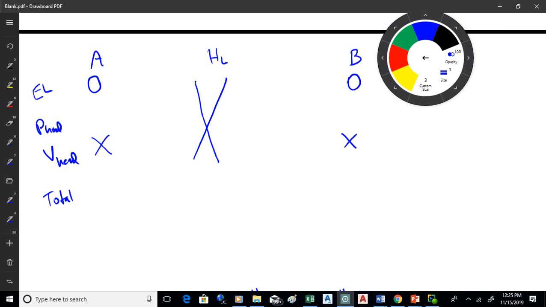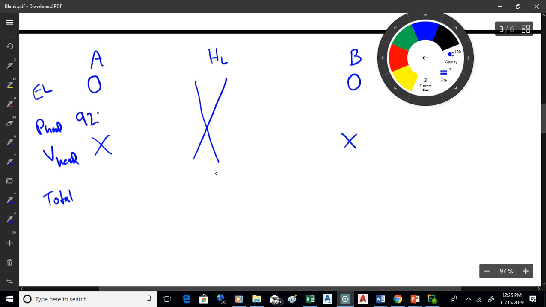Okay, we got 92.4 feet of energy at A on account of that pressure head, which is 92.4 feet. The head loss is 9.9 feet, and that will get us 82.41 feet here of total energy at B.